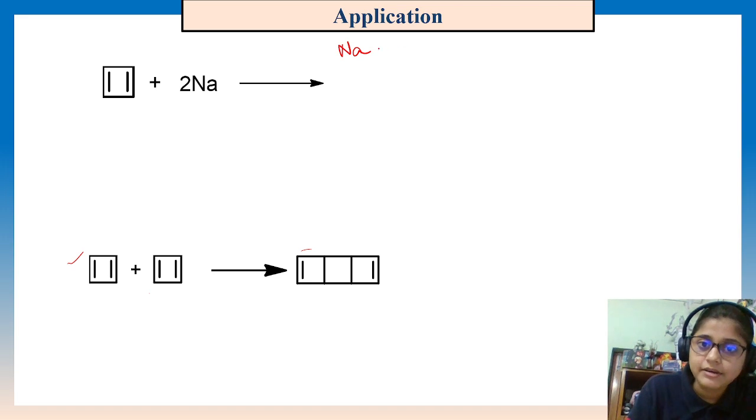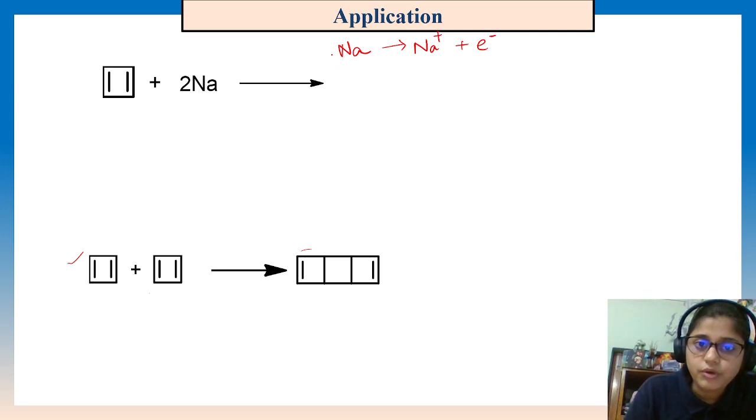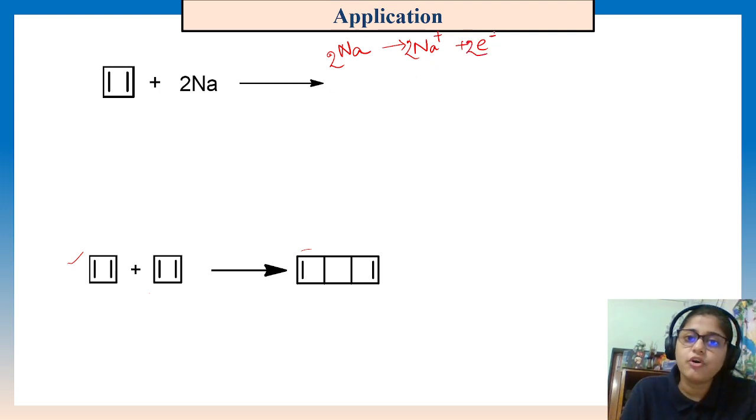So it can go to the Na plus form and give one electron. If two sodium atoms are there, we get two Na plus and two electrons. So these two electrons go here, one here, and two electrons already present.